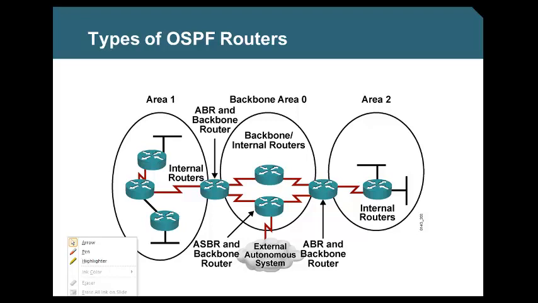Now, why are we learning ASBR now? This is what an ASBR, autonomous system border router, is. Why do we learn ASBR and ABR here? The reason is we'll be getting updates from both.